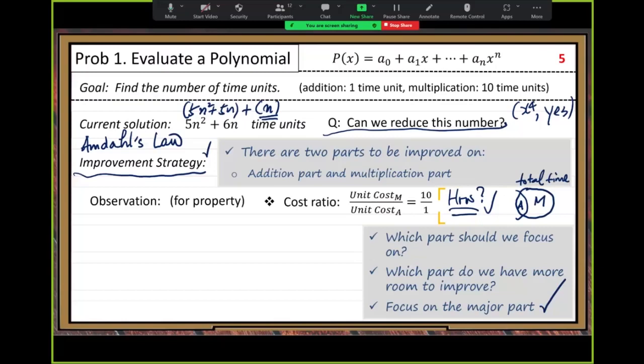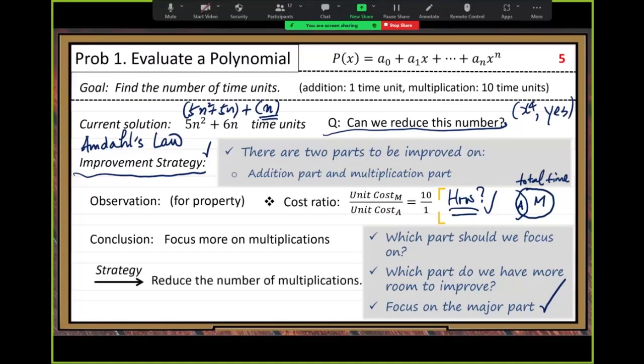Conclusion: we should focus more on multiplications because that is the most common part, the major part. The strategy, specifically, should be to reduce the number of multiplications.